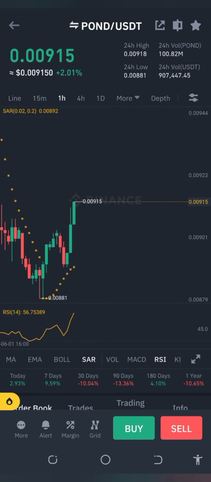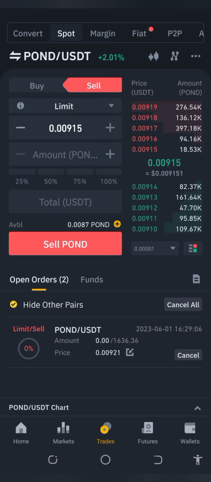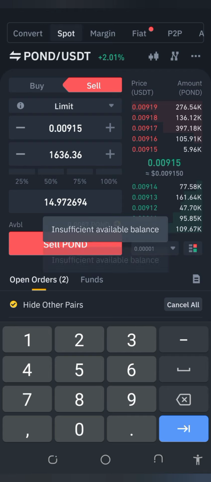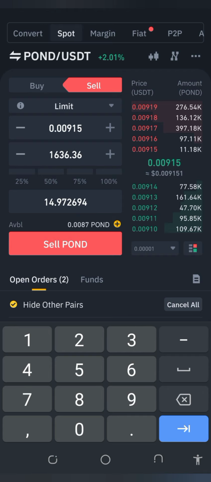But you know what? I'm scared that this is going to go back. So I'm thinking, let's even cancel this. Or let me just play this out and see what we'll get. 1636.36, okay? I'm going to get 14.97, and we started with 14.8.